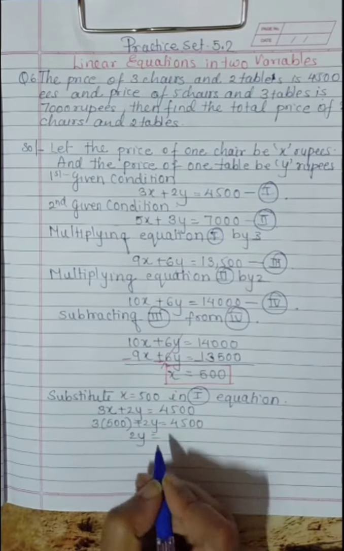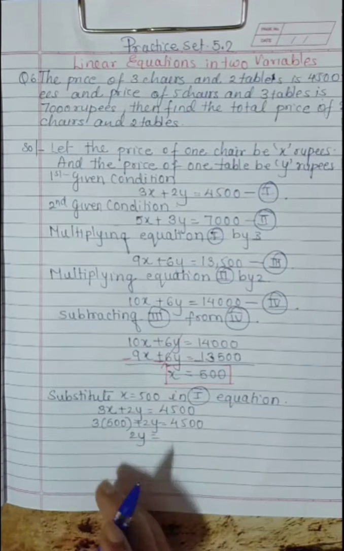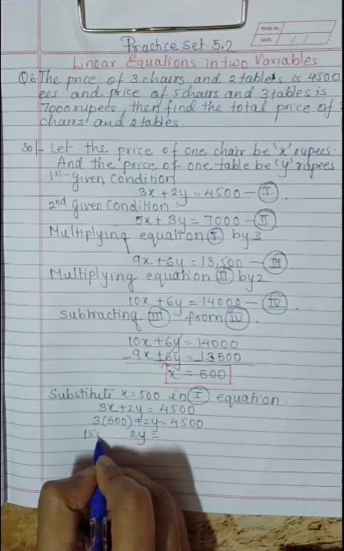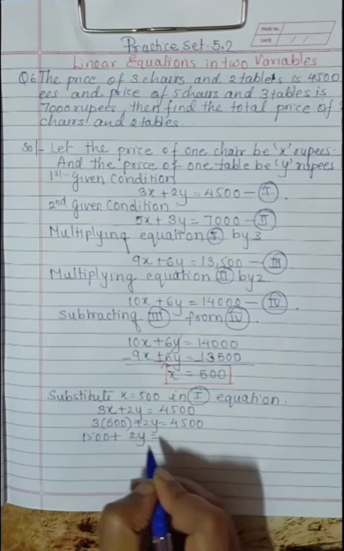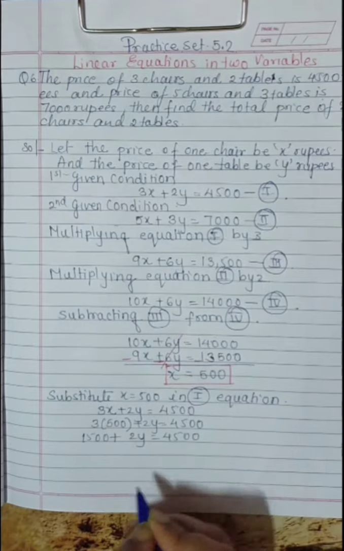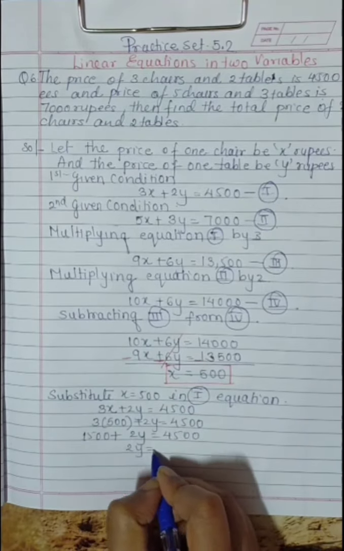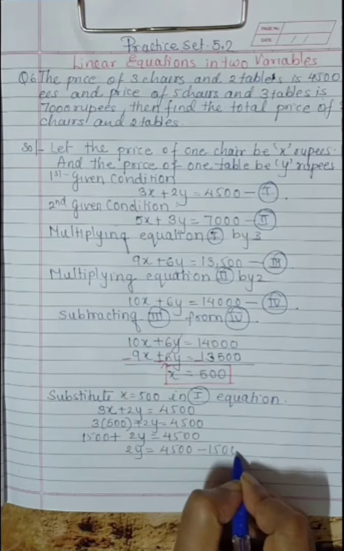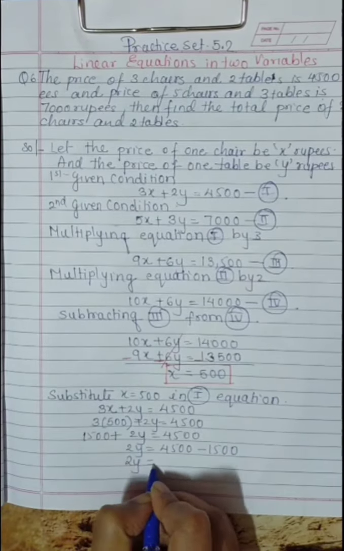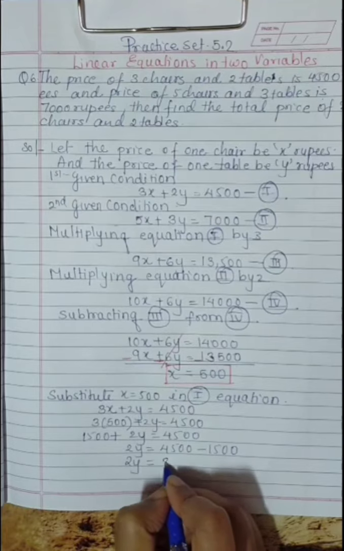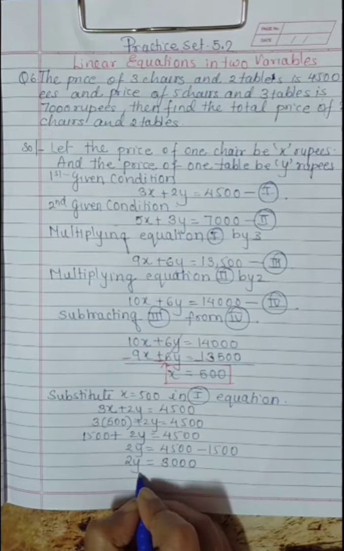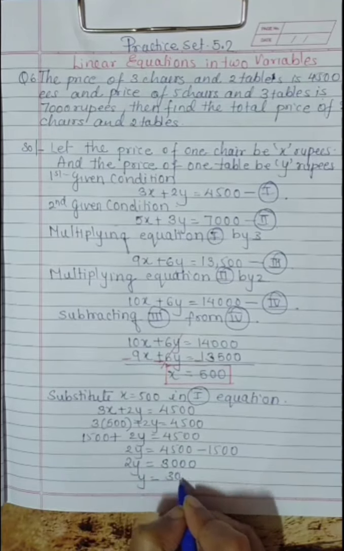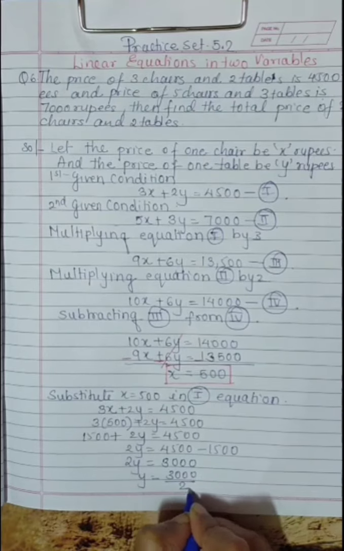Now 2y is equal to 4,500 minus 1500. Now 2y is equal to 3000.